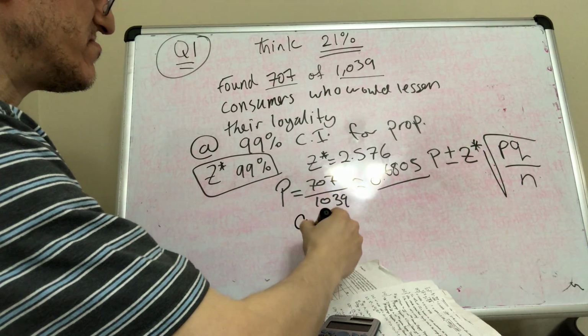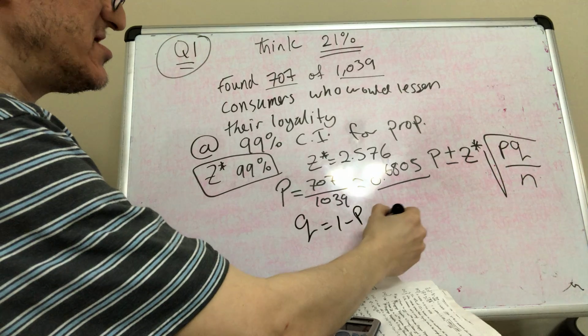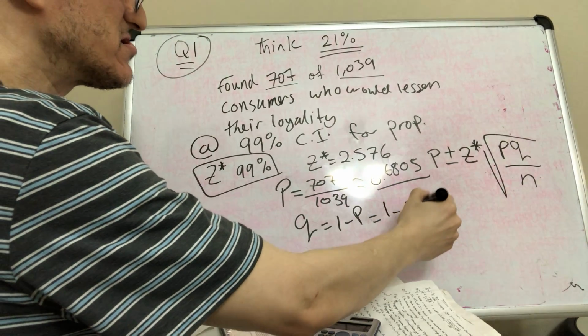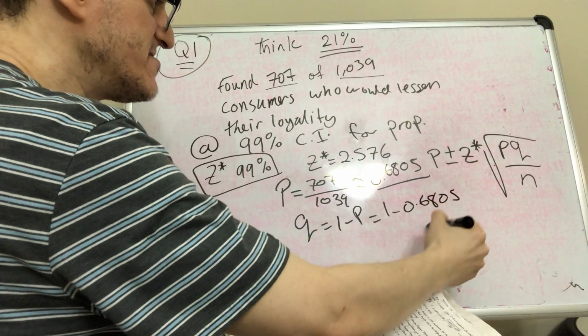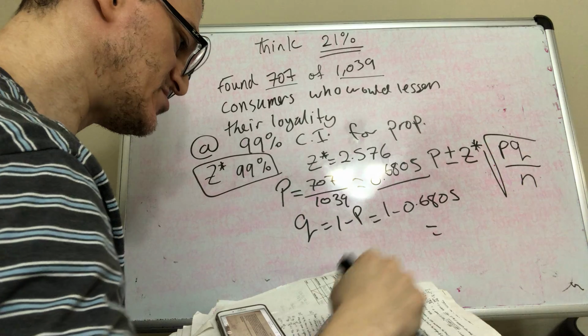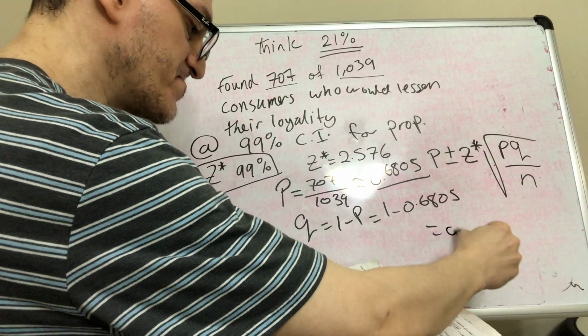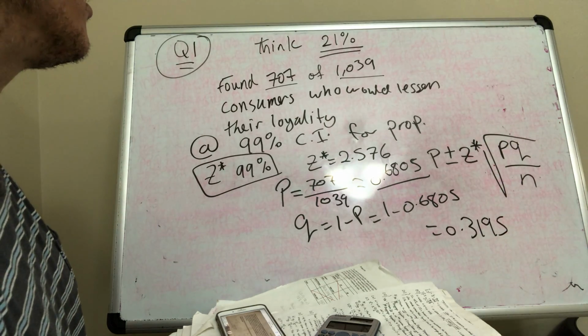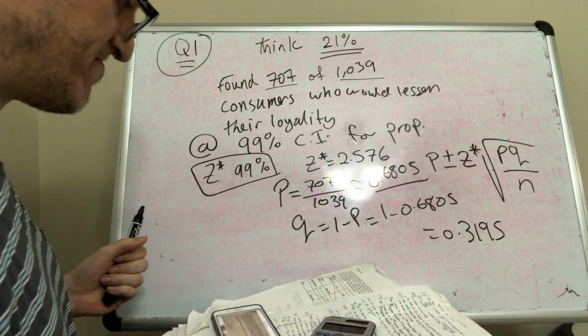And Q is always 1 minus P, so it's 1 minus 0.6805, and that would give you 0.3195. So we have everything we need.